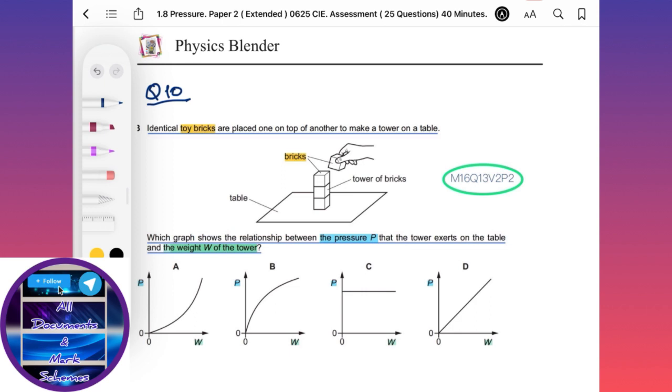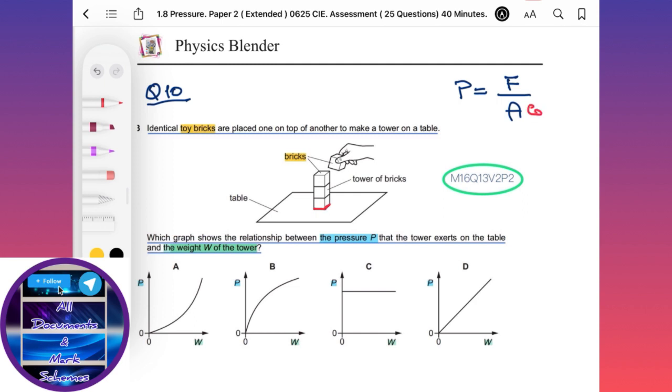Okay, back to the factors. Here we are not talking about liquid. We are discussing pressure due to a solid object on a surface. So applying the equation, pressure is equal to force divided by area of contact. Which factor here is constant? The base area, the area of contact.